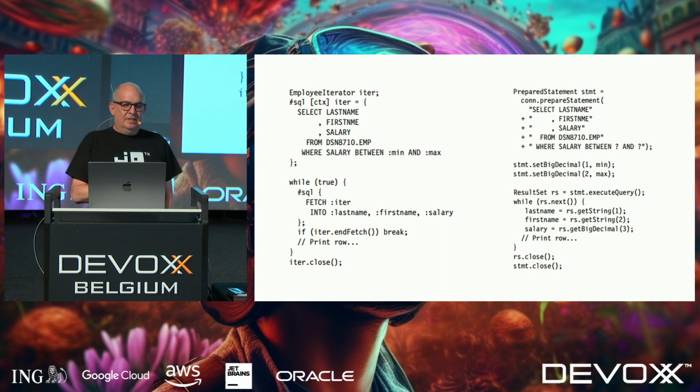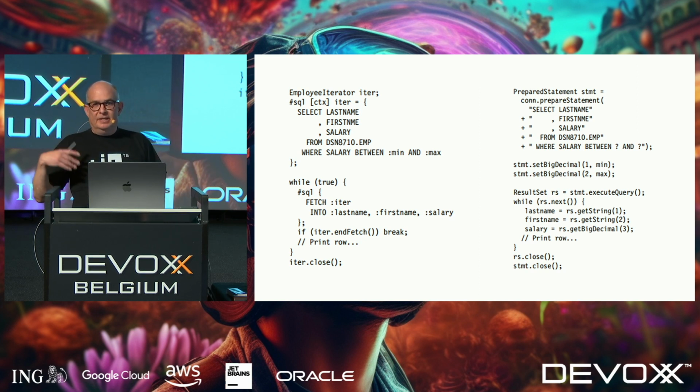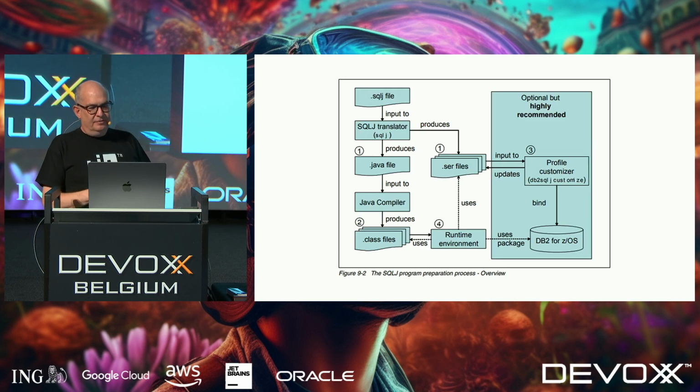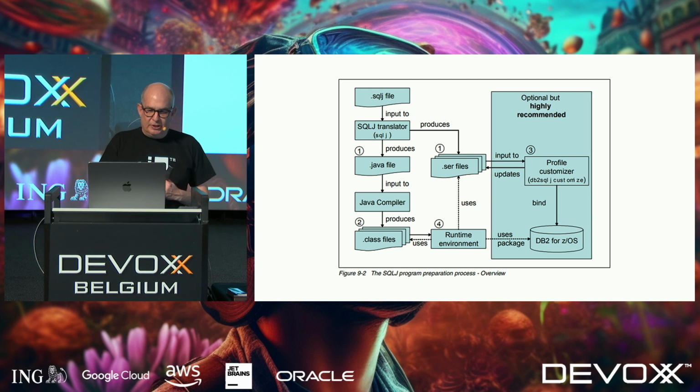This embedded SQL idea came also from COBOL or from all the other mainframe or C or other old languages. And what this type of idea requires is kind of a SQL processor or a precompiler. And with Java, it was like that. You had this Java file. It has the ending SQLJ.